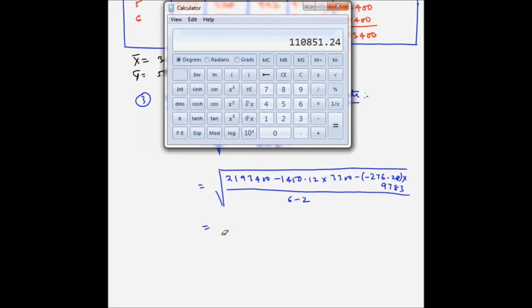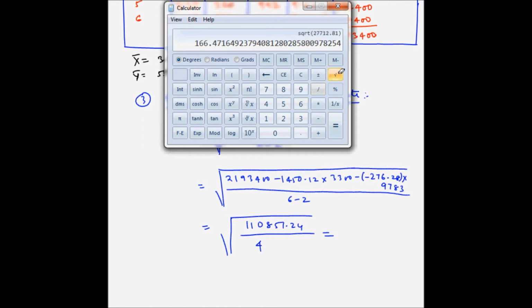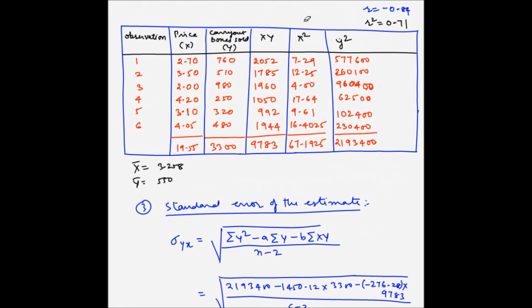So this is the square root of 110851.24, and the denominator is 6 minus 2, which is 4. So this value divided by 4 and the square root comes out to 166.47. So this is the value of the standard error of the estimate. So let me note down this value here, sigma yx is equal to 166.47.